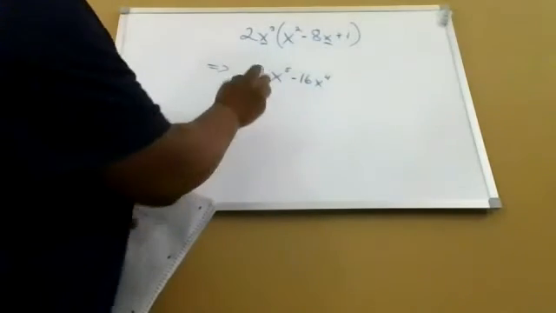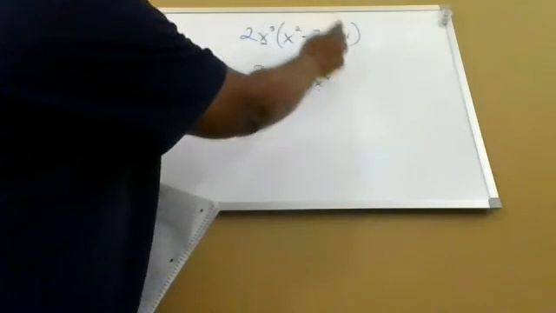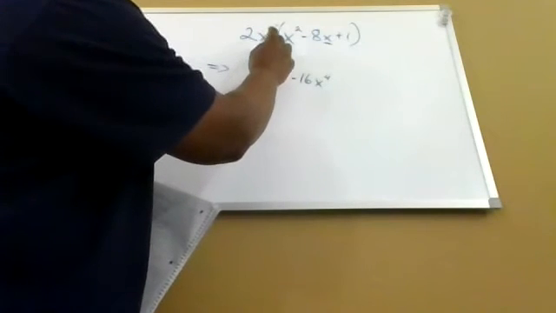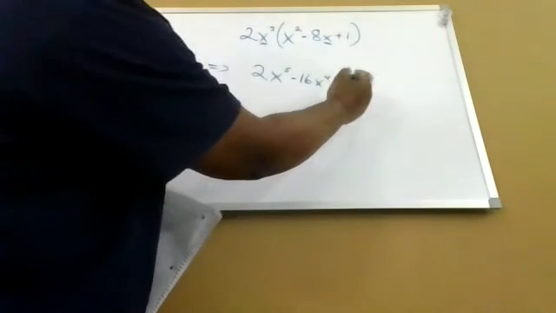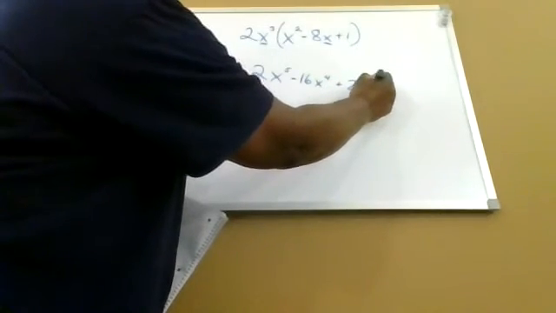And now we have to multiply the 2x to the third power times the 1. Well, 2x to the third power times 1 is just 2x to the third.